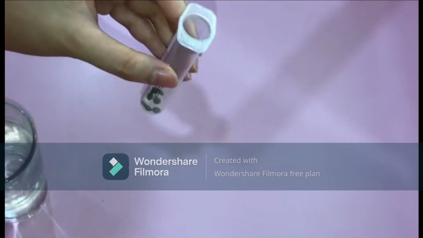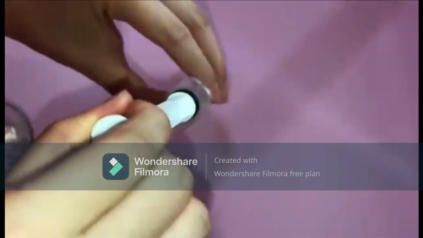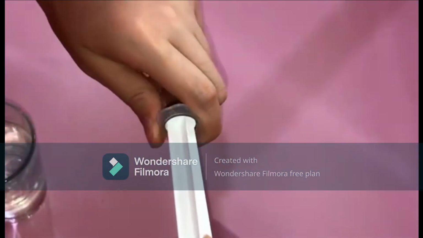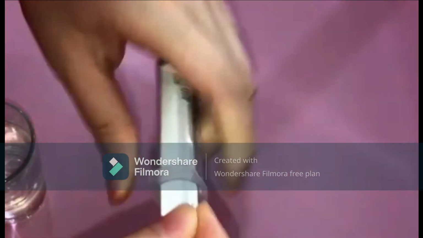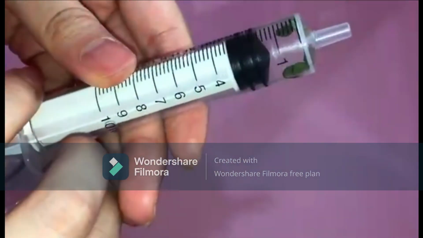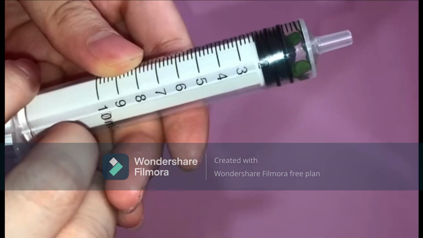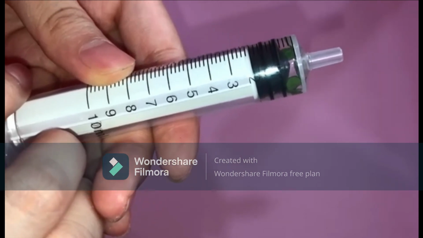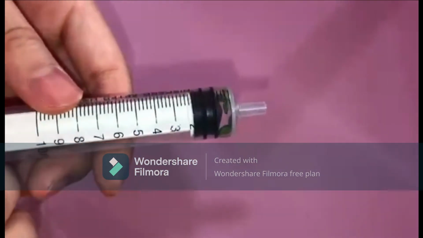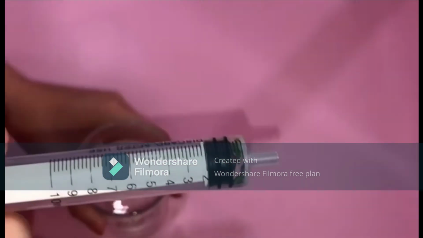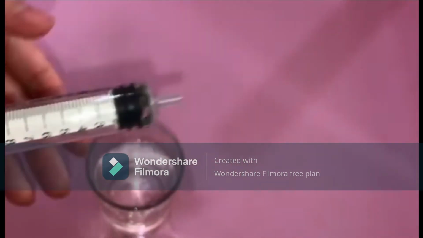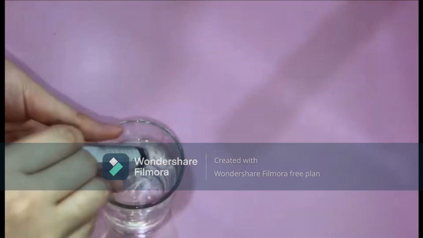And then I'm going to push the plunger back into the syringe until a small volume of air is left. So until this much. And then I'm going to suck up several milliliters of baking soda solution into the syringe.